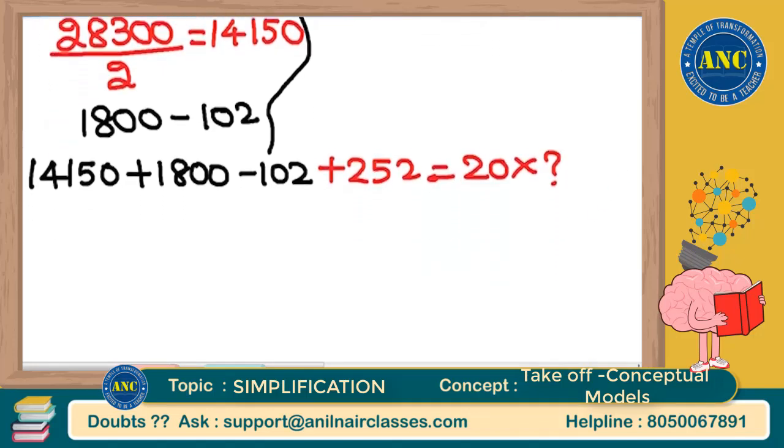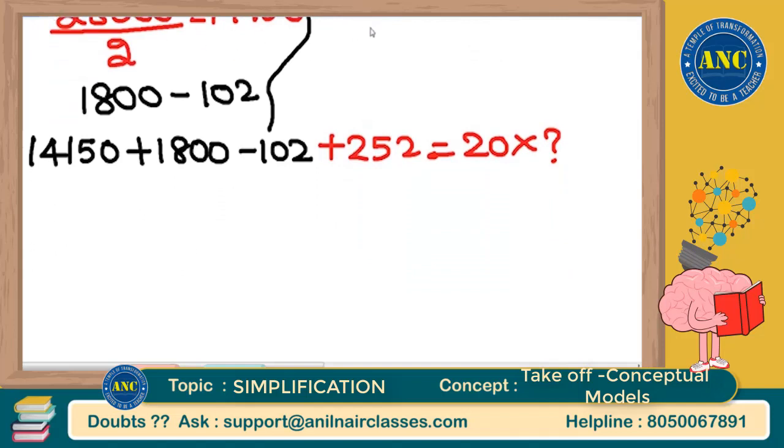Now again simplification. How to simplify this a little faster? 252, if I remove 102, I will be left with 150. This 150 I will give to this person.